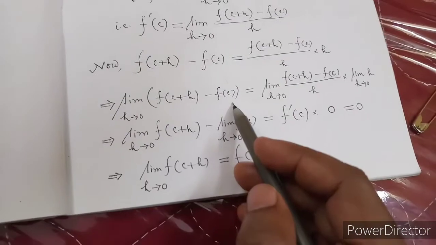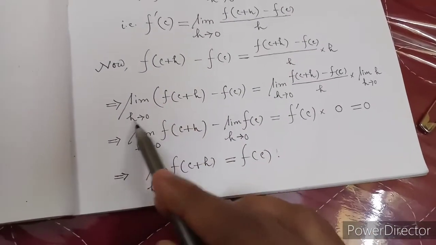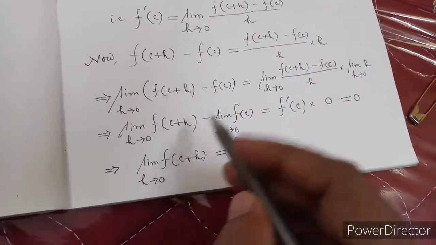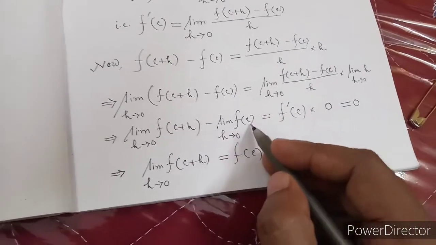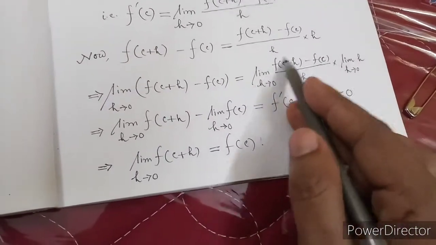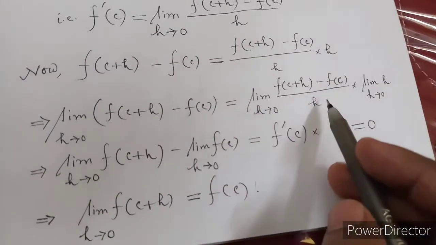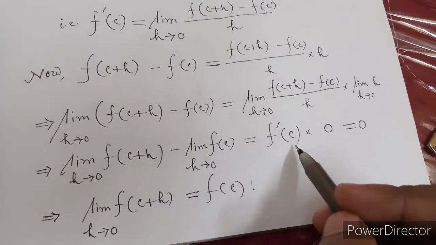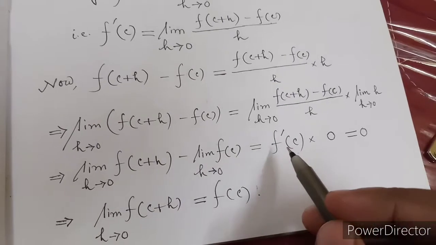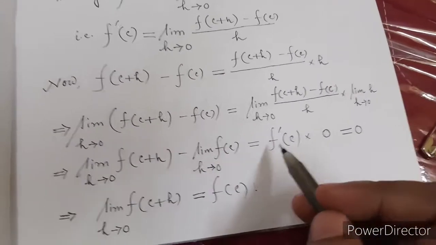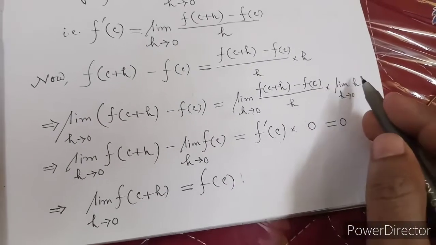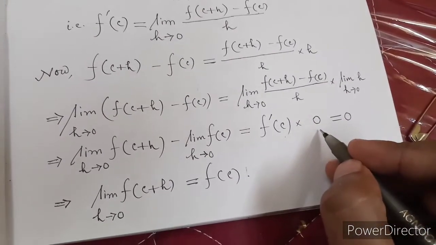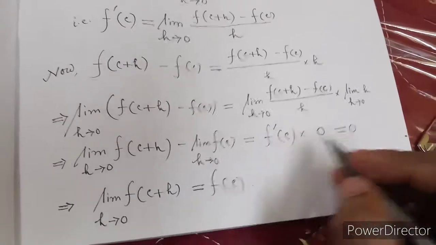So now separate the limit. The limit as h tends to 0 of f of c plus h, minus the limit as h tends to 0 of f of c, equals f dash of c, that is the derivative of the function f at the point x equal to c, and the limit as h tends to 0 of h is 0, so the total quantity is 0.